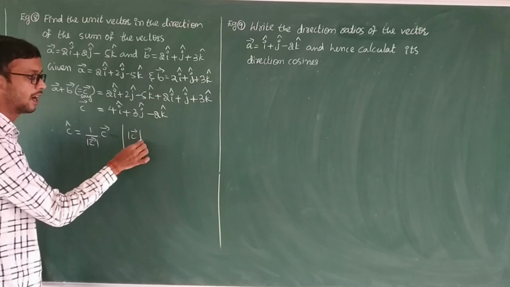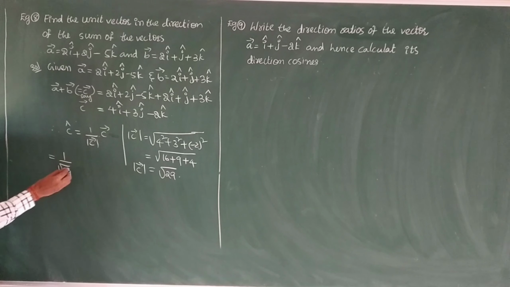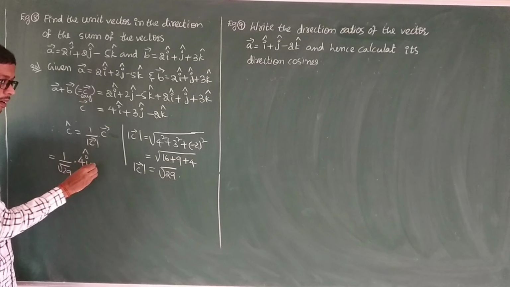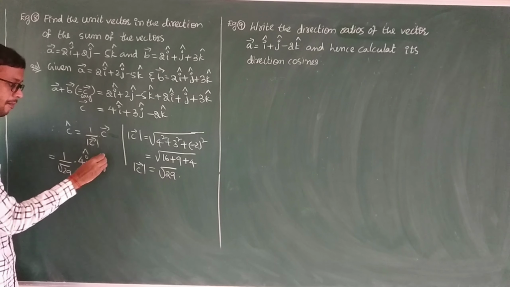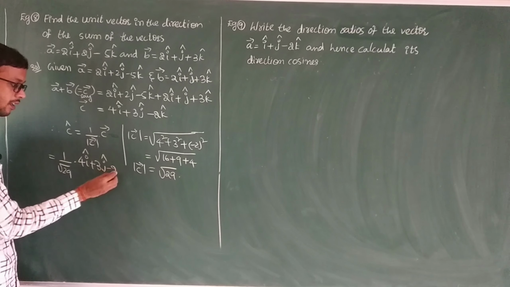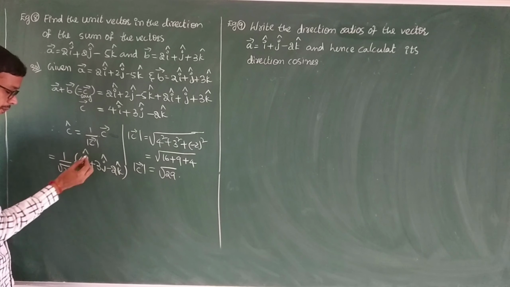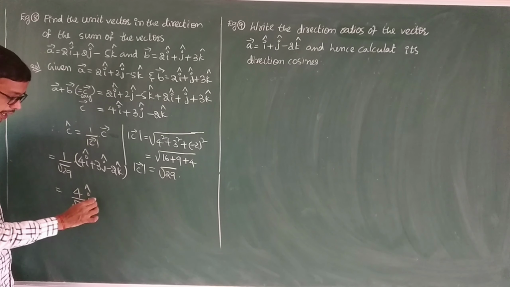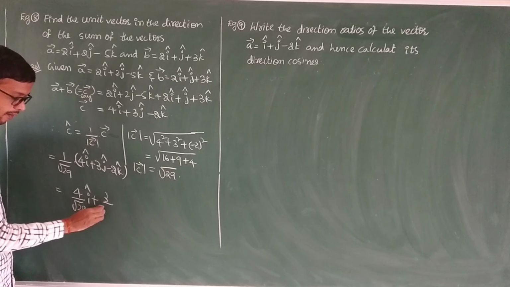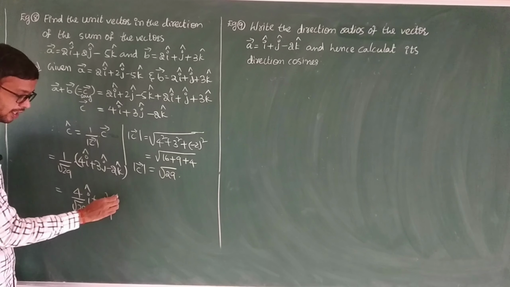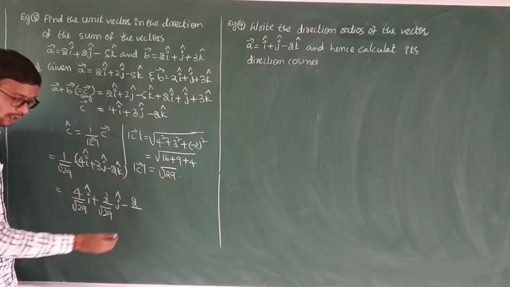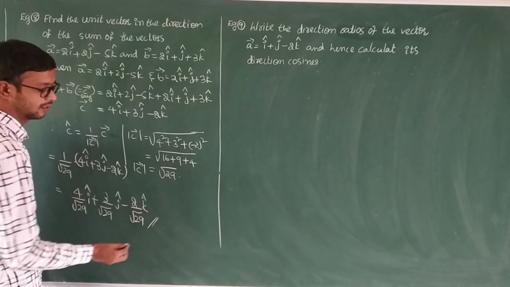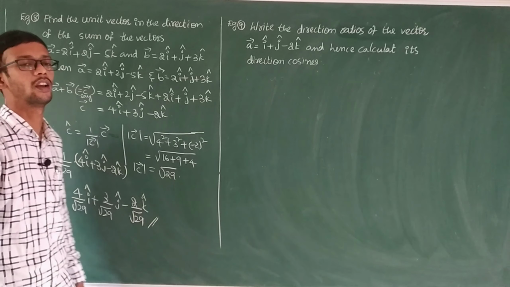Substituting, 1 by square root 29 into C bar, 4i cap plus 3j cap minus 2k cap, gives 4 by root 29 i cap plus 3 by root 29 j cap minus 2 by root 29 k cap. So this is the required unit vector.